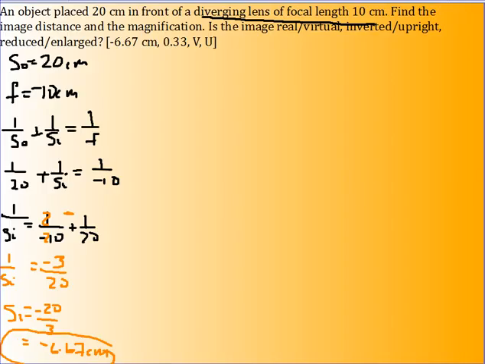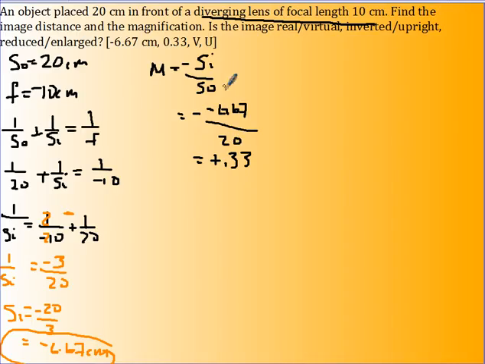All right, let me switch pen colors here. Magnification is minus SI divided by SO. So it's minus negative 6.67 divided by 20. So the magnification is positive 0.33. So let's see.